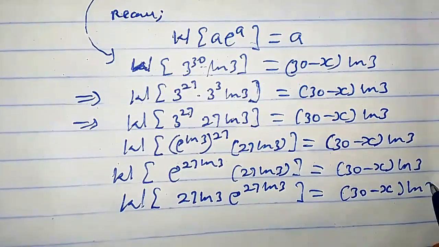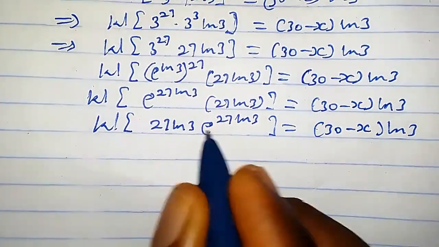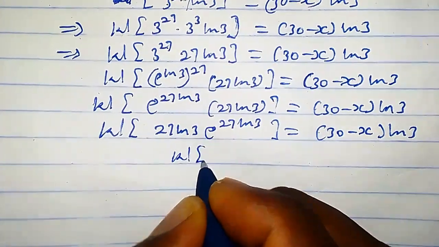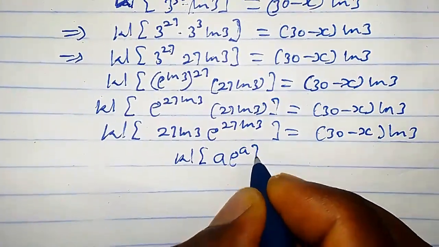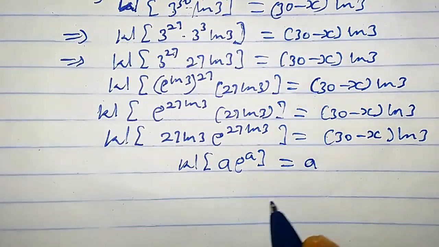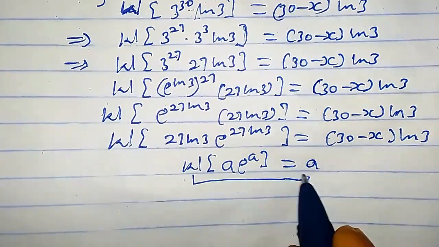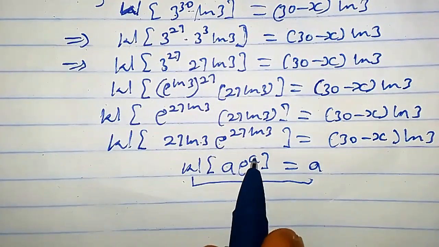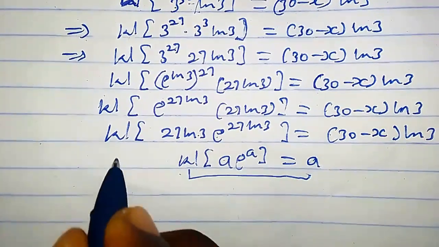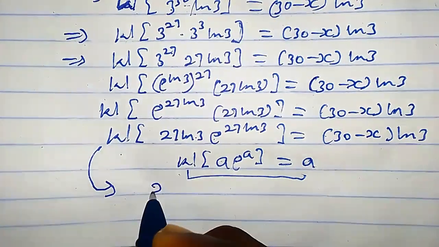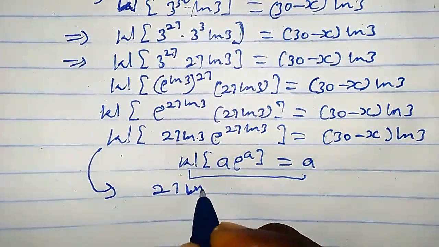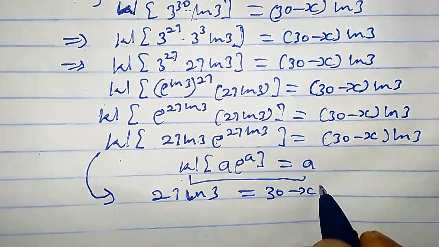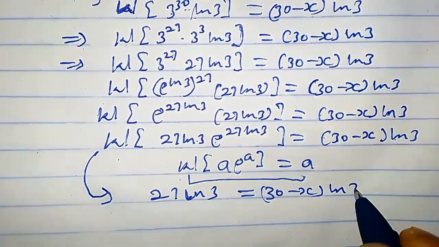Now, let's recall the Lambert W function. It says that W of a exponential a is simply equal to a. So using this property for this guy, you observe that a is 27 ln 3. So this implies that this whole guy is simply 27 ln 3, which is equal to 30 minus x times ln 3.